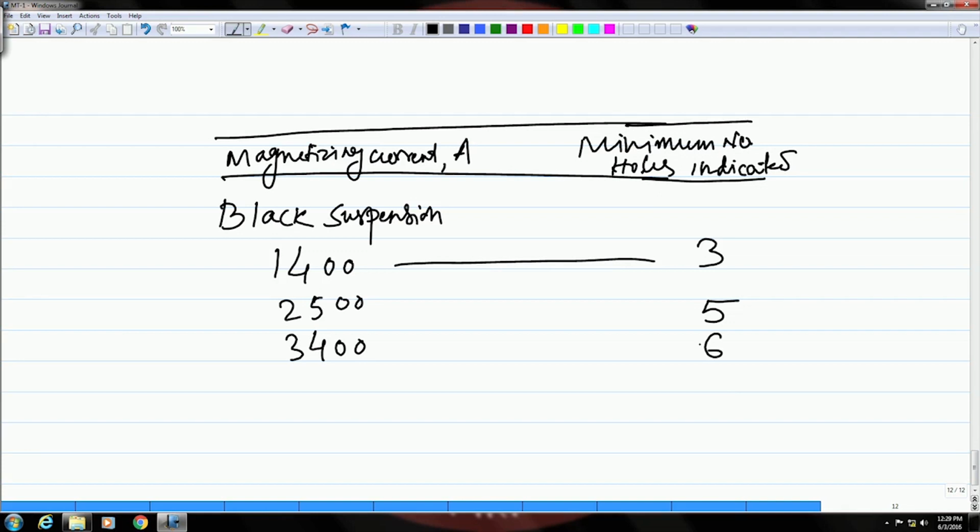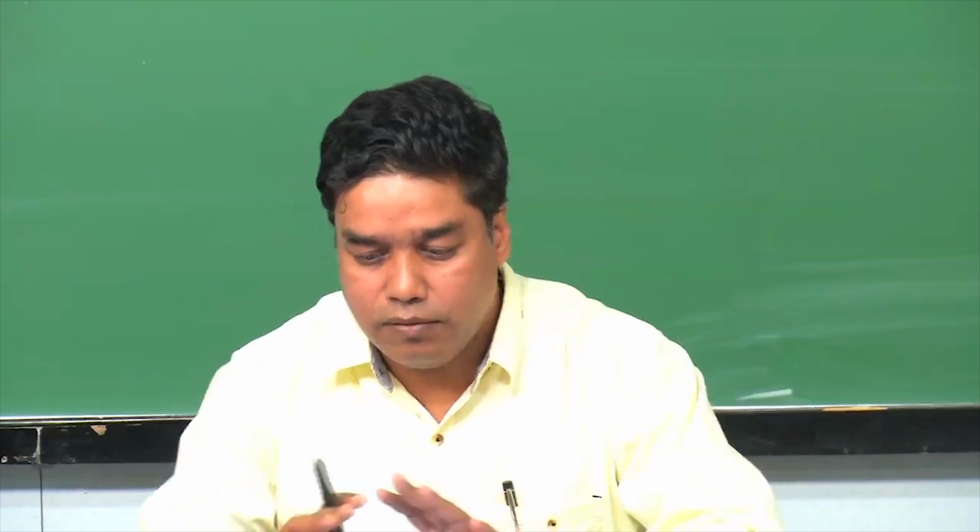So, this is how Kitto's ring would indicate whether the magnitude of the magnetizing current being applied is good enough or not. If you are applying, for example, 1400 amperes, and you see 3 holes clearly indicated when you apply the magnetic particles, then for that particular scenario, this much current is enough.